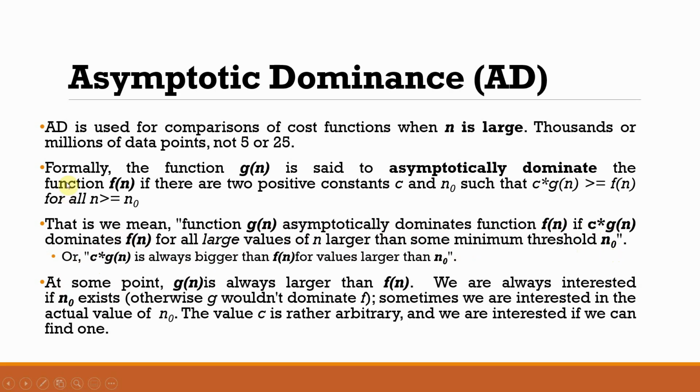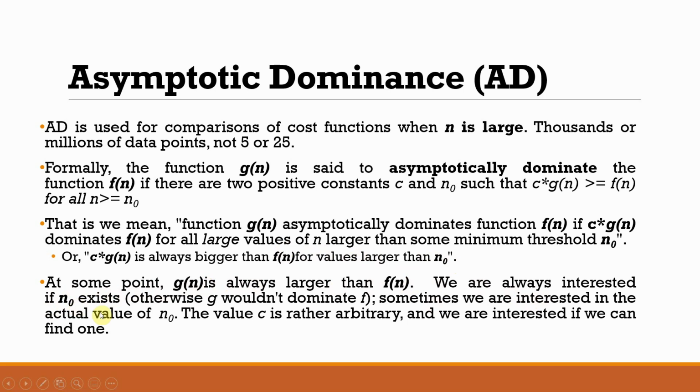Another way of saying that is that c times g of n is always bigger than f of n for values larger than n sub 0. At some point, g of n is always larger than f of n. We're always interested in whether n sub 0 exists.